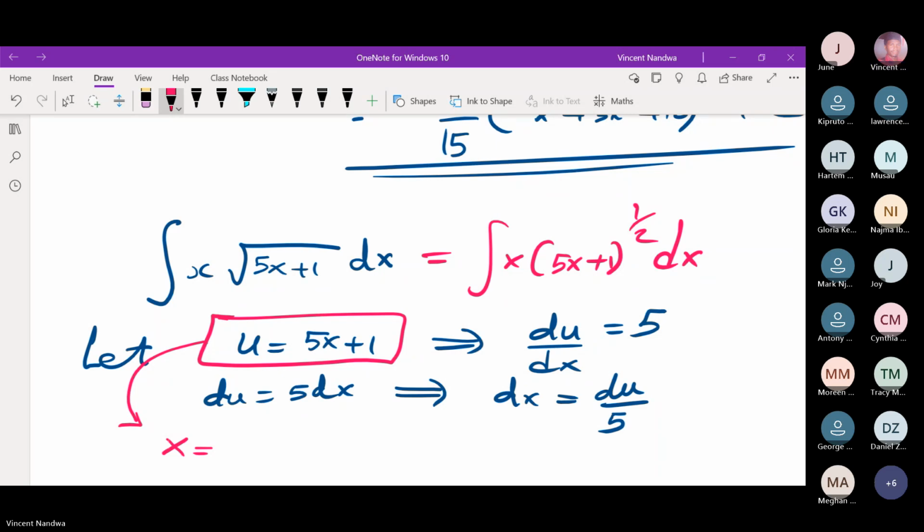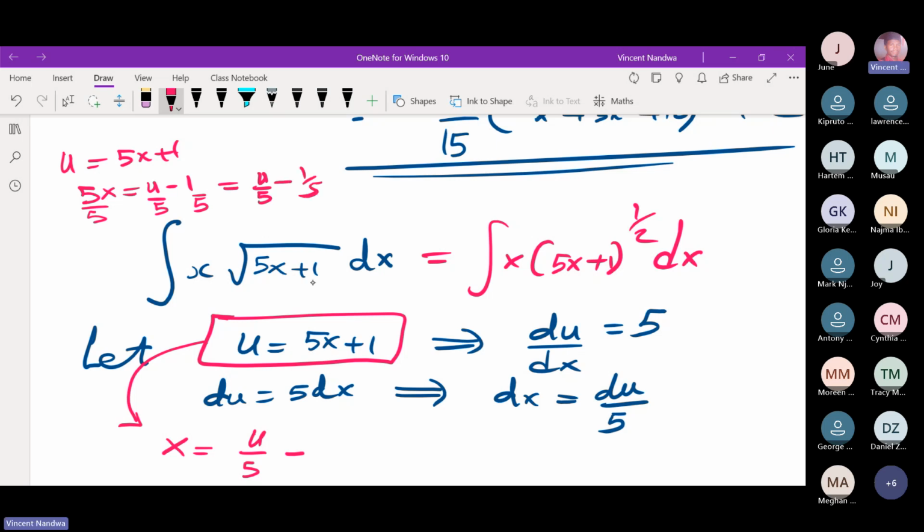U equals 5x plus 1. So take 1 to the opposite side, we'll have 5x equals u minus 1. Then divide through by 5. So this will be u over 5 minus 1 over 5.